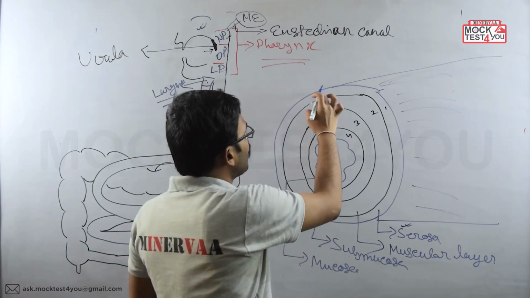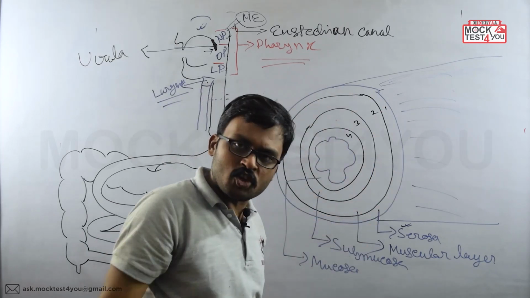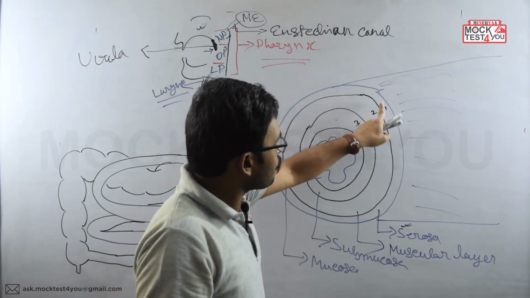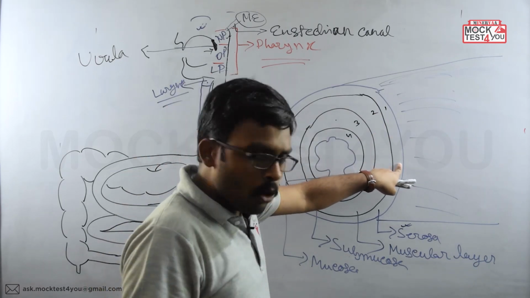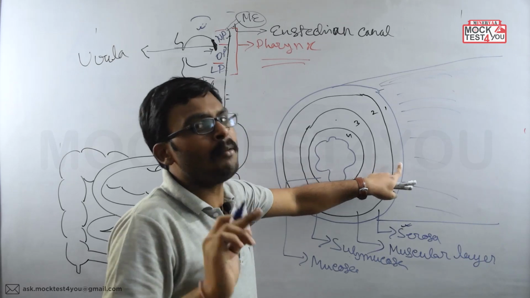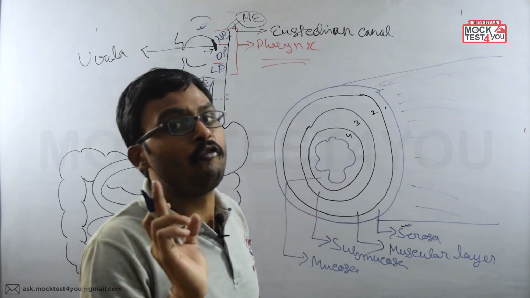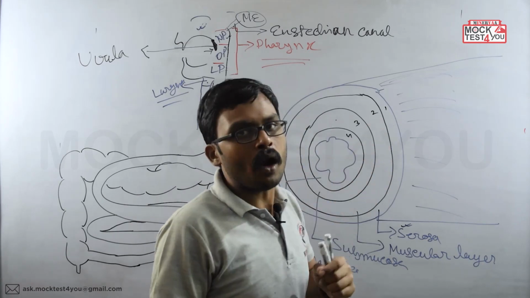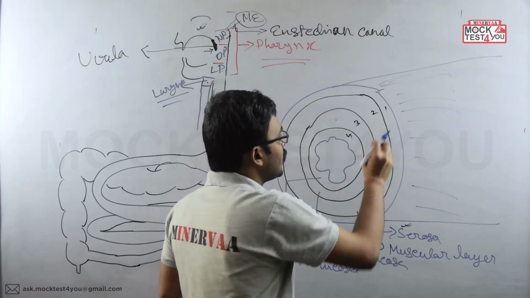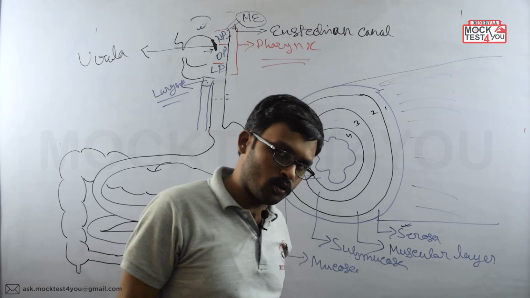This outermost layer is generally fibrous in nature, and along with this fibrous layer, only if the visceral membrane gets attached do we get the serosa layer.